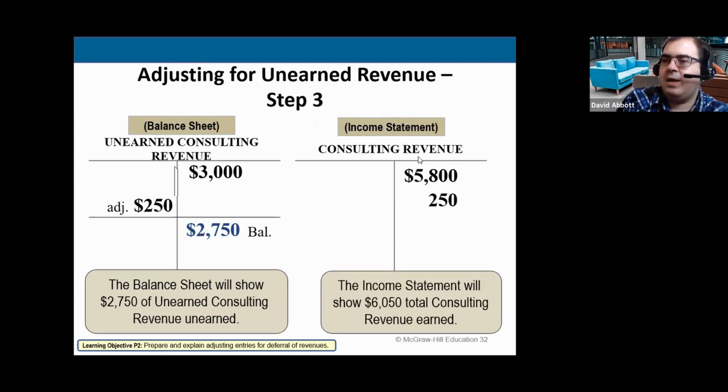And then on the income statement, we have consulting revenue, and we had a balance there previously from prior work, and then we've earned this $250. So we add both of those up, and now our balance is $6,050 of revenue that we've earned.